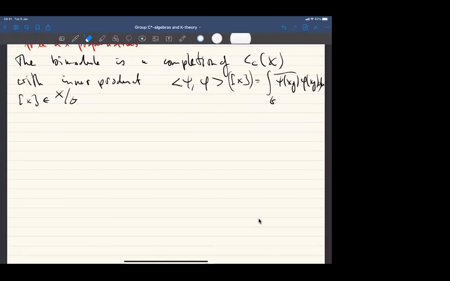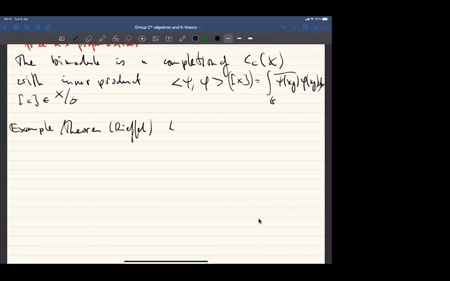And another important result, also due to Rieffel, a theorem.